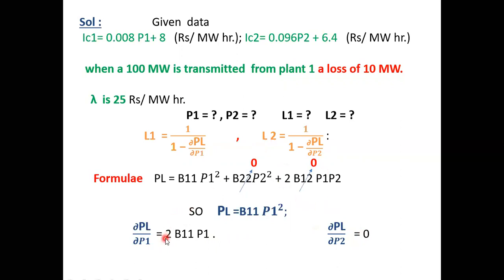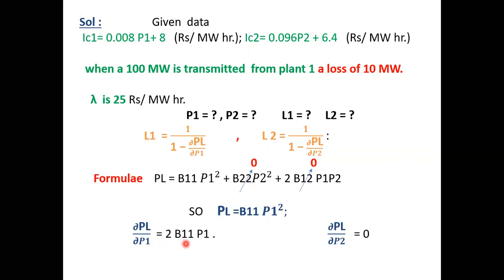Here the most important point we need to understand in this problem is that we don't know the value of B11. Observe the given data. We don't know the value of B11, but how to get dou PL by dou P1? That is the difference between this problem and the previous problem.